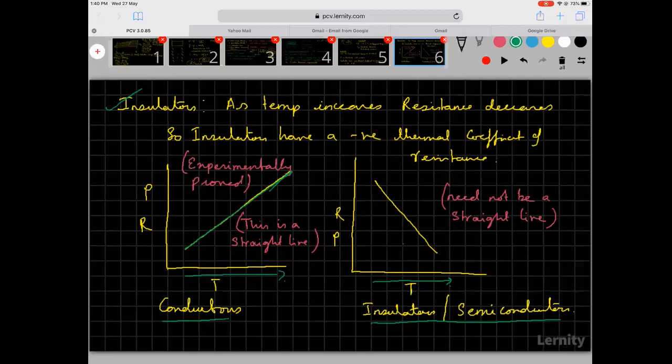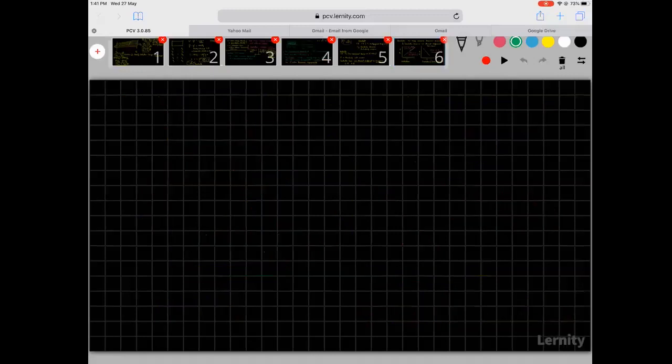So if you understand this, then let's move on. We were talking about resistivity.